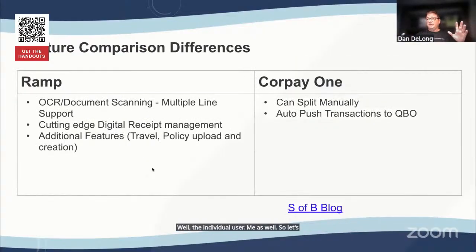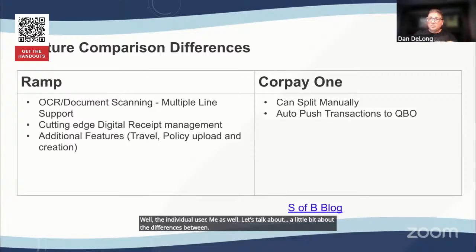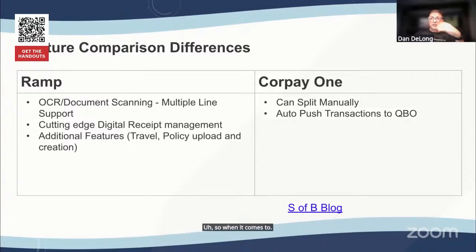Well, let's talk a little bit about the differences. When it comes to the OCR technology, the document scanning, one of the things that really impressed me about Ramp is the ability for multiple line support.